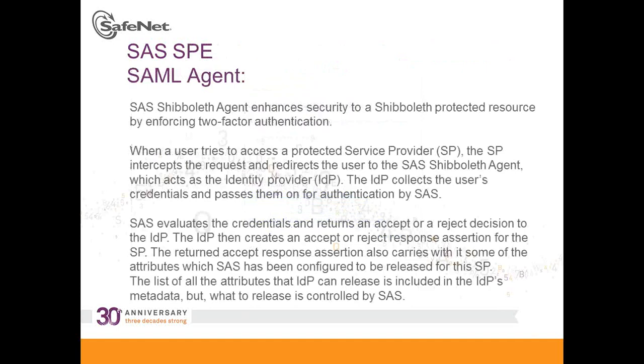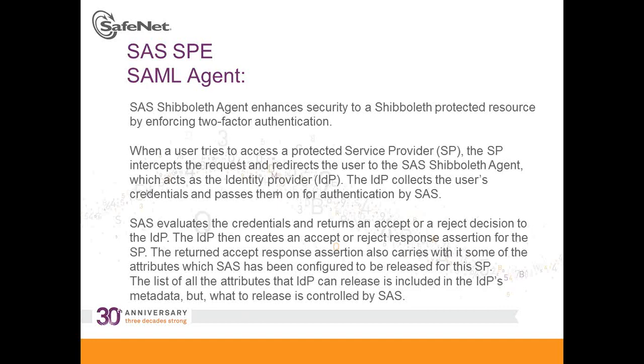So the SAS Shibboleth agent is again adding security to a Shibboleth protected resource by enforcing two-factor authentication. When a user tries to access the protected service provider, the service provider intercepts the request and redirects the user to the SAS Shibboleth agent, which acts as the identity provider, or the IDP.